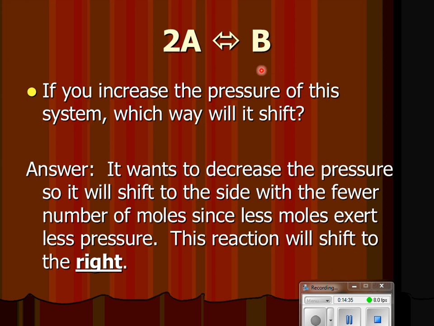So the answer says it wants to decrease the pressure, so it'll shift to the side with fewer moles. Since fewer moles exert less pressure, this reaction is going to shift to the right to decrease the moles. So when you've increased pressure, you want to decrease moles. That's how you're going to decrease the pressure. Obviously, the opposite is true as well.